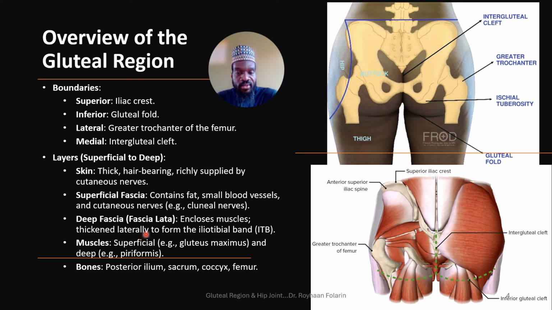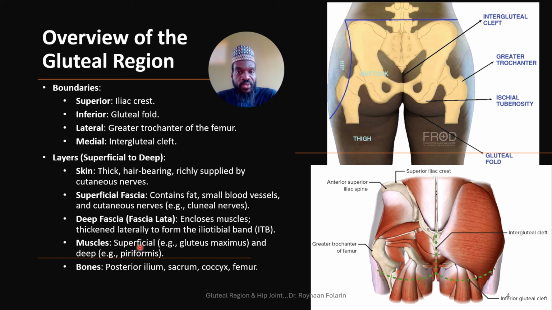The deep fascia thickens laterally to form the iliotibial tract, the iliotibial band, which runs from the ilium down to the tibial bone. Into it tapers the fascia lata, or the deep fascia.